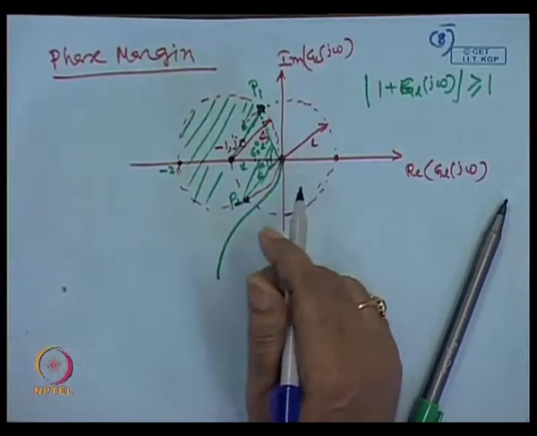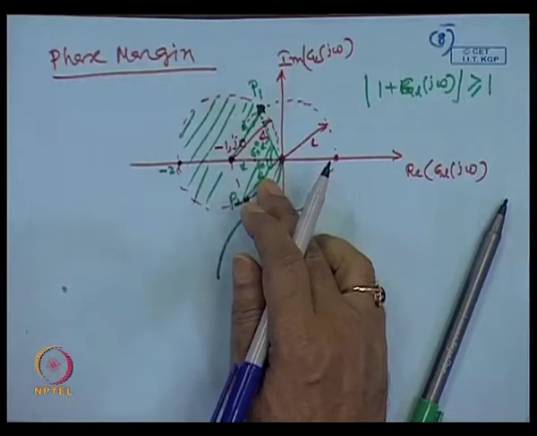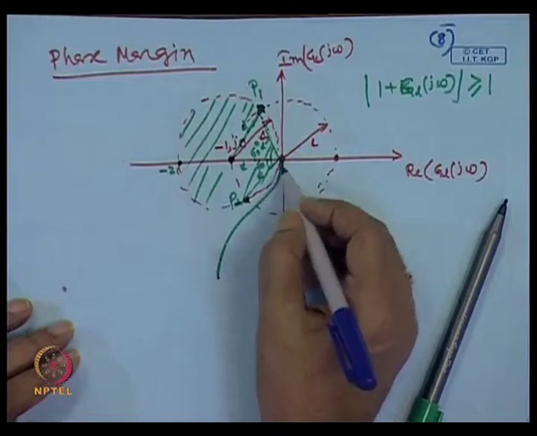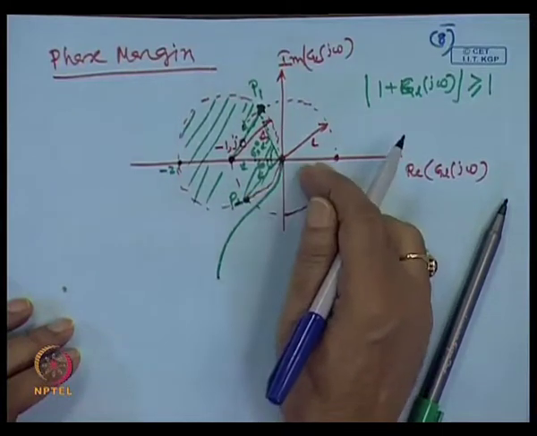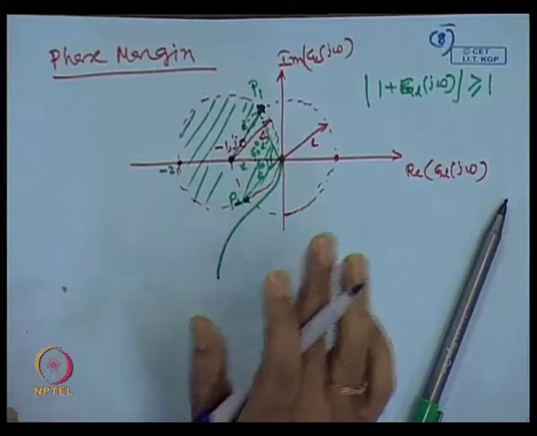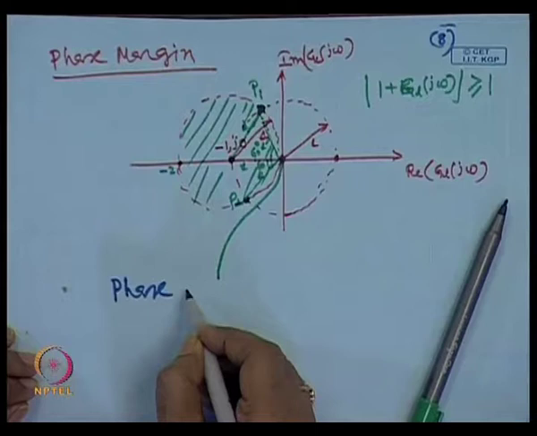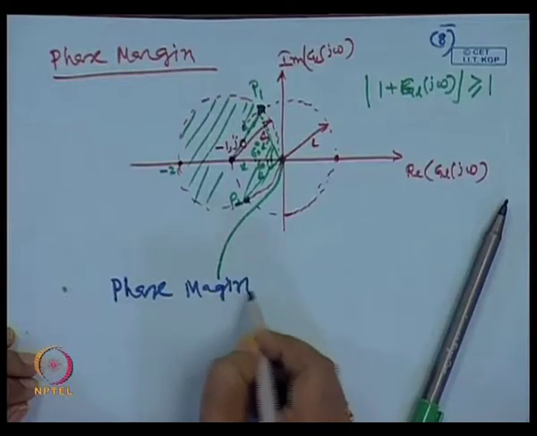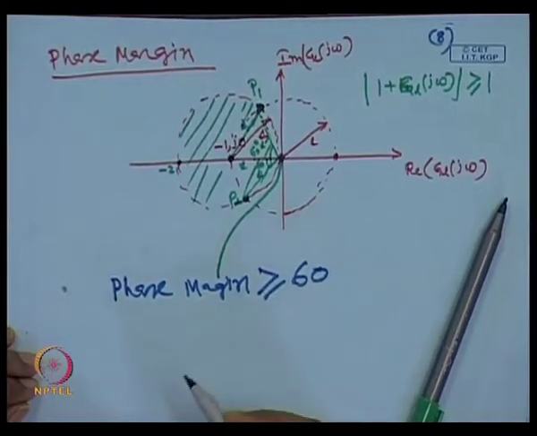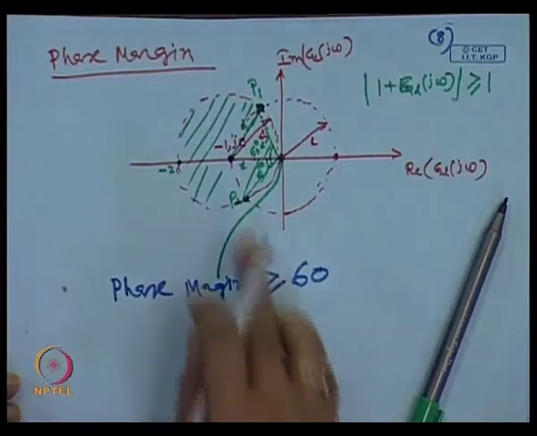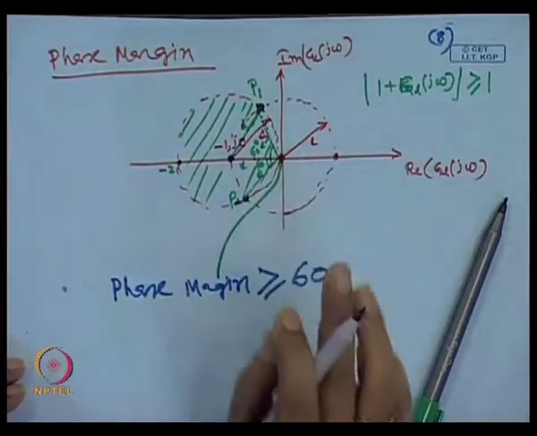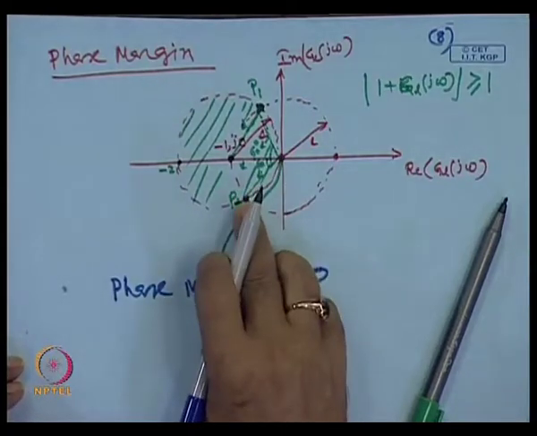That means an additional 60 degree phase can be introduced into the system when the controller is designed based on LQR, at least 60. You can introduce even more than 60 degree. So, our phase margin is greater than or equal to 60. It will be 60 or more, because the curve can only touch, it cannot enter.